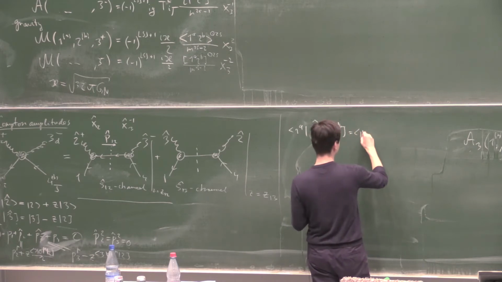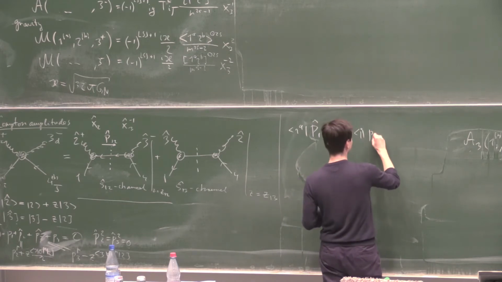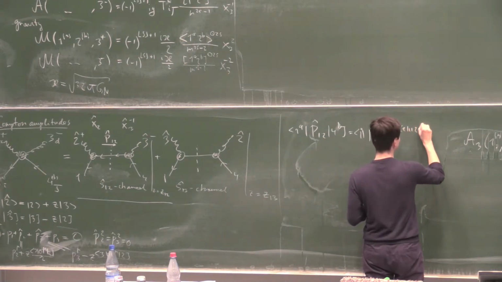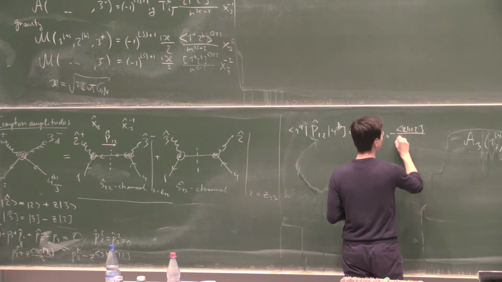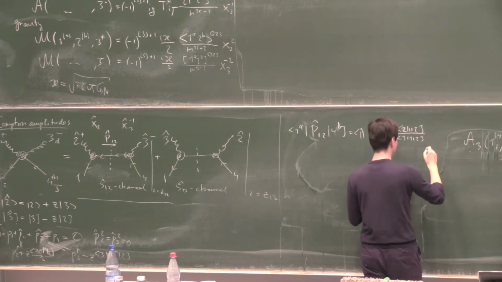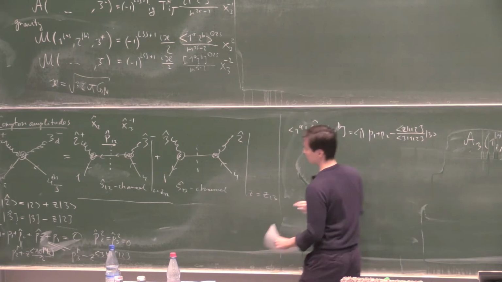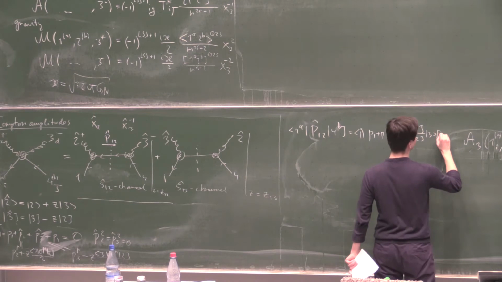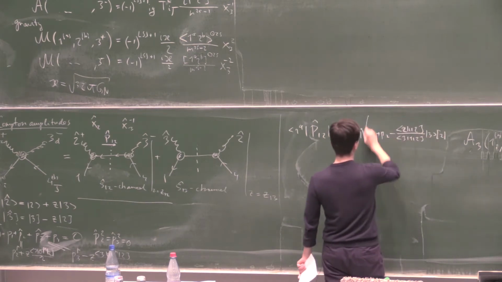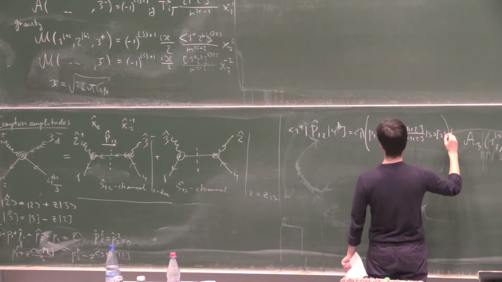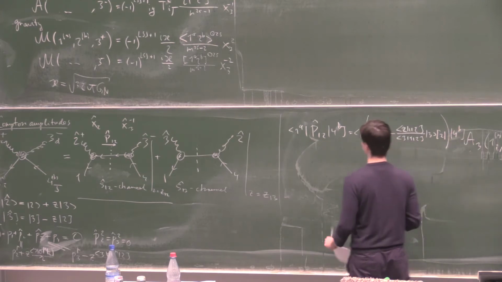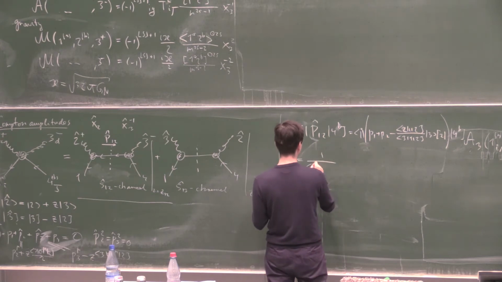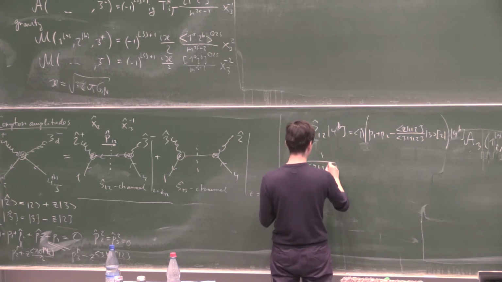Now I just open it up first: P1 plus P2 minus 2, 1, 2, 3, 1, 2. And the shifted momentum is 3 and 2. So that is in between 1 and 4. So getting to the common denominator.